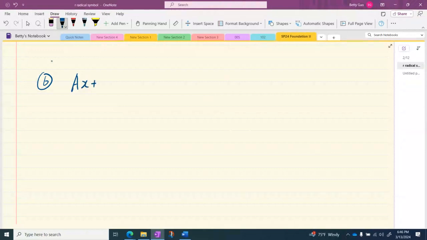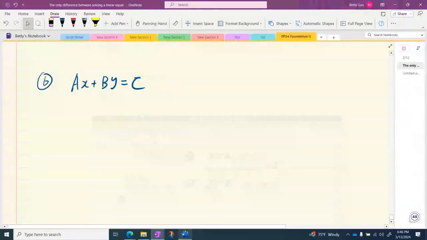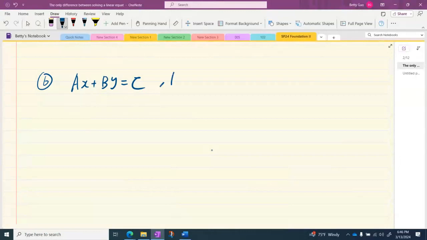Is ax plus by equals c. And we're going to let b be a non-zero value. Okay, b is non-zero, which means the line is not vertical.